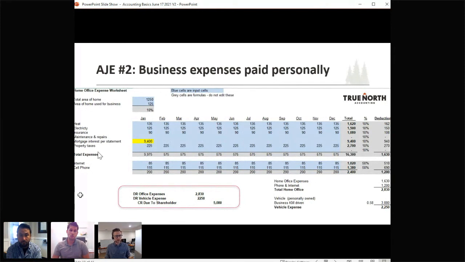It's not your full mortgage payment. So you might pay $2,000 a month, but that's not all interest. You're paying down some principal in most cases. So you want to look at your mortgage statement to get that interest number on how much you paid. And then property taxes. So you sum up all those, your total cost of living, $16,300.